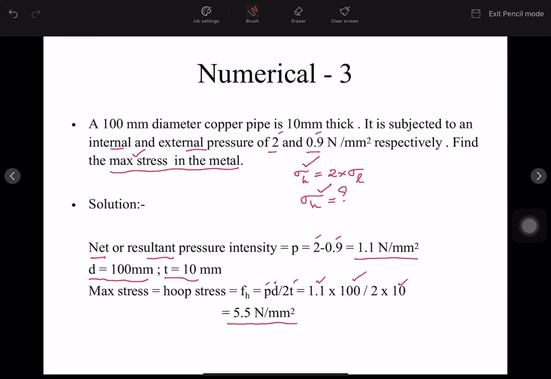So here you need to use the basic concepts which we have studied in previous tutorials. Maximum stress means either hoop stress or longitudinal stress. In that you need to find which one is maximum and simply use that equation to calculate.